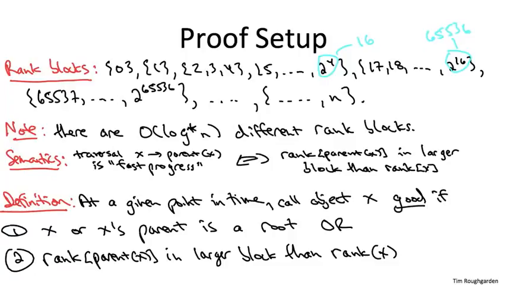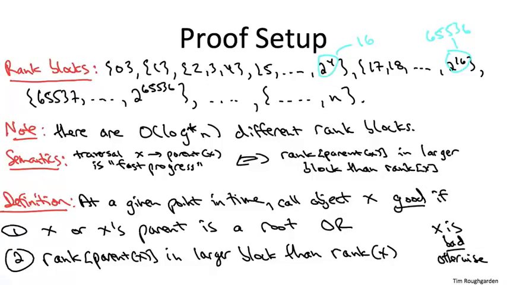If not, though, if you're deeper in the tree, then you're going to be good if and only if your parent's rank is in a strictly larger rank block than your own rank. So that is, in the previous example, if your rank is 8 and your parent's is 18, then you're good. If your rank is 8 and your parent's is 15 and your parent's not a root, then you're going to be bad.